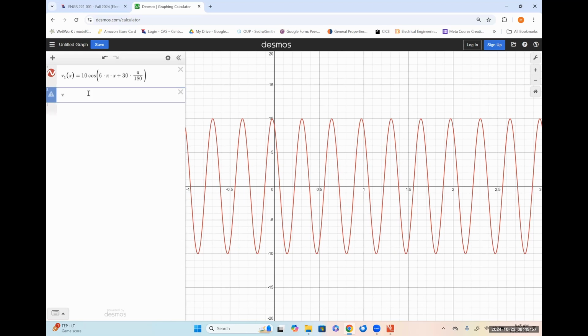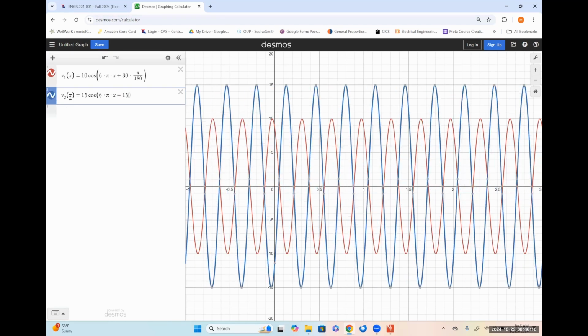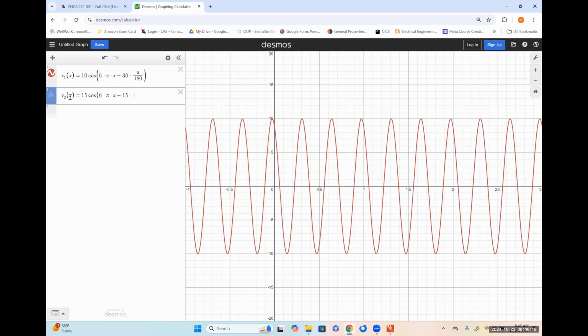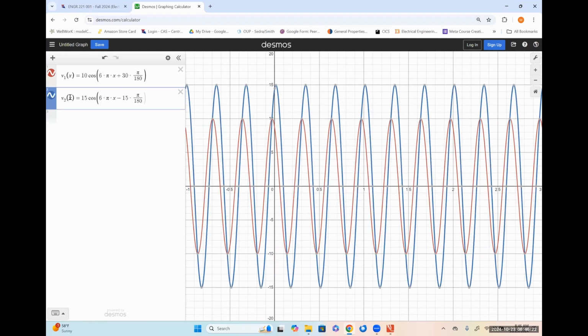Let's do VB, which I'm going to call V2. This was 15 cosine 6 pi t, excuse me, x. What was the phase angle for this one? Minus 15. And once again, I'm going to multiply by pi over 180 so that everything is expressed in radians. Was the color for that one blue?